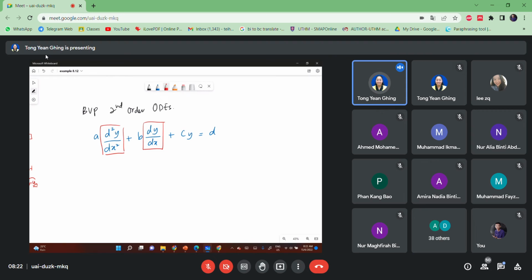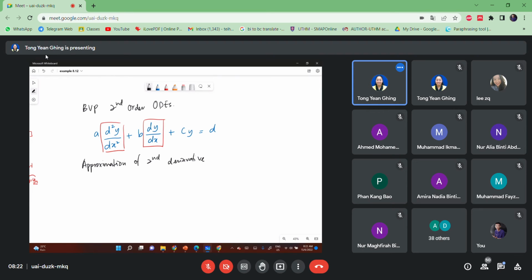We can do the approximation of this second derivative like this, using this formula, minus 2.